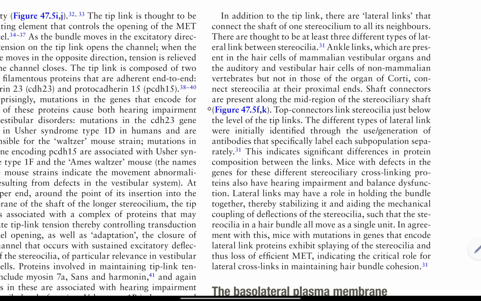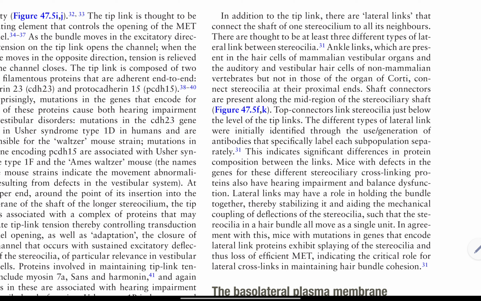Shaft connectors are present along the mid region of the stereociliary shaft. The top connectors link stereocilia just below the level of the top tip links. The different types of lateral link were initially identified through the use or generation of antibodies that specifically label each subpopulation separately. This indicates significant differences in protein composition between the links.